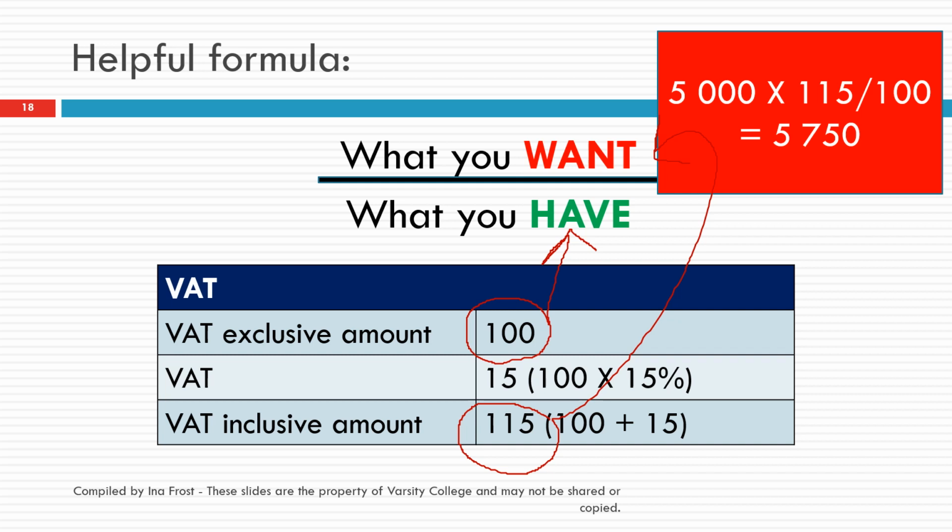If I say 5,000 times what I want over what I have, it also gives me the answer of 5,750. So you can see there's a number of ways in which we can calculate the price including VAT. You can try all three of these formulas and see which of them works best for you. Just always remember to show your workings.